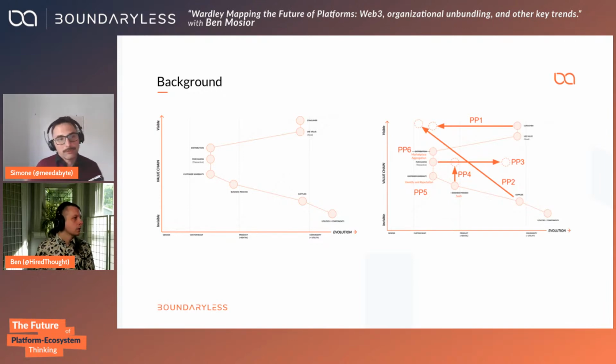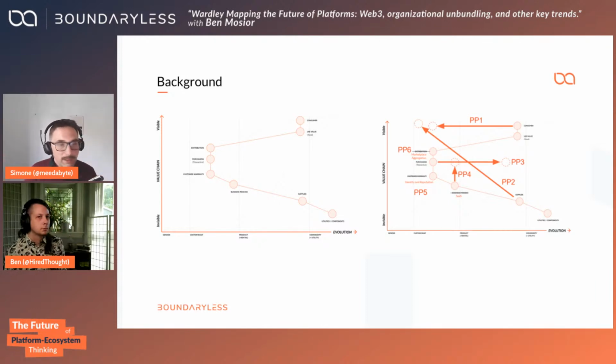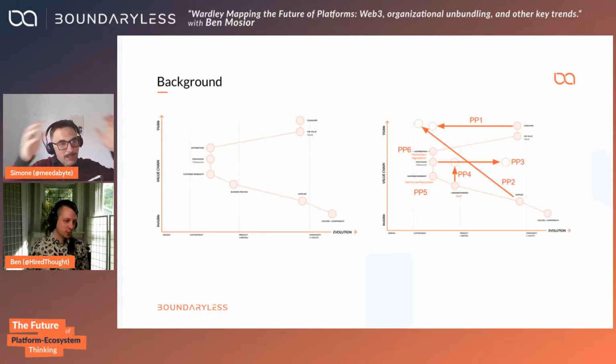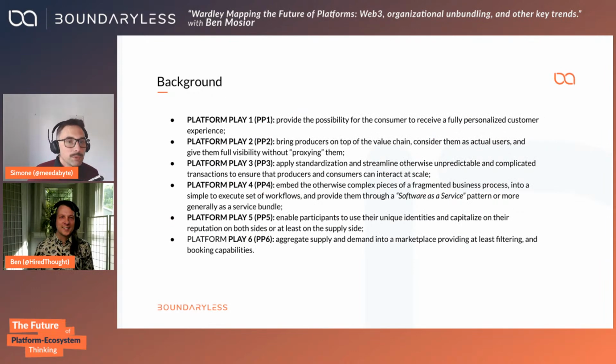You can think of, for example, how Airbnb gives people all the tools that they need to manage their bookings, or even book a photographer, or manage the way that they allow third parties to manage their own apartments. Or tax filings as well. So it's a set of tools that are packaged into a service pack that is given to the producer. And this is what we call platform play number 4.